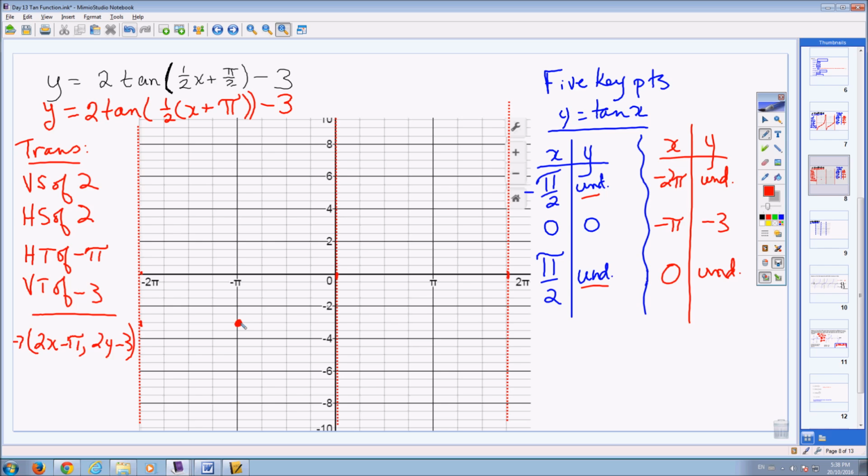So we're going to go from this point halfway between, down 2, and from this point, halfway between, up 2. And there are our 2 points to follow.